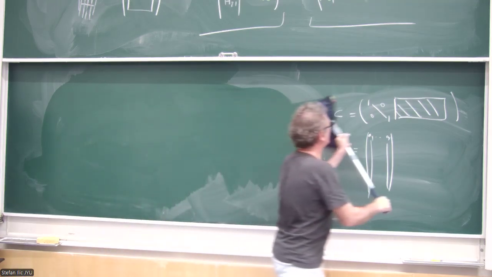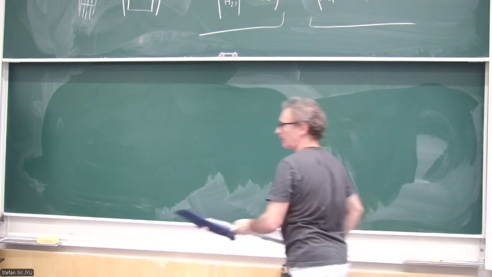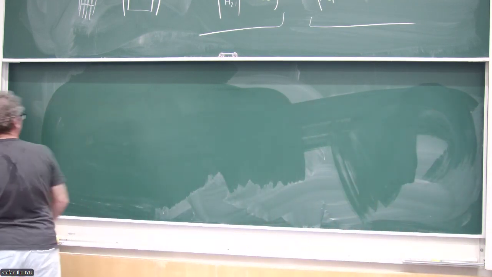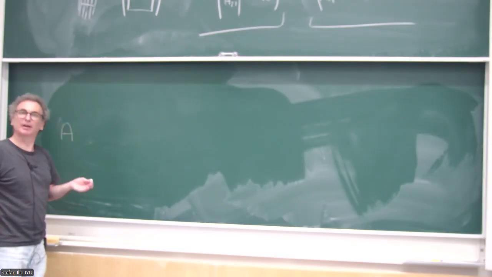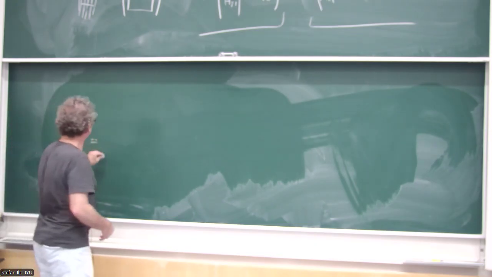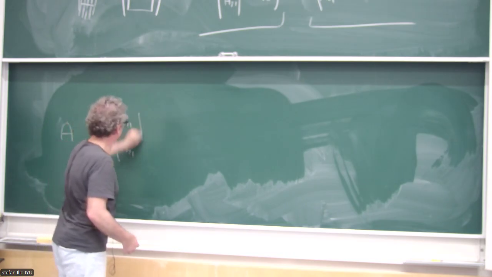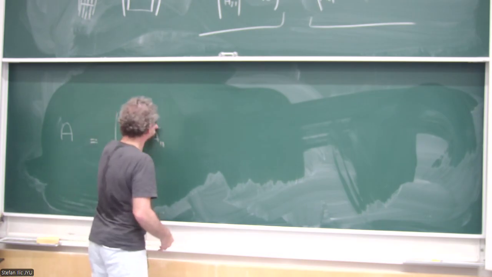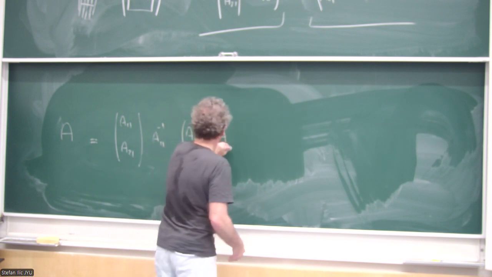But for the moment, the point I wanted to make is that if A is of rank chi, and I have identified chi rows and chi columns that are independent, and I call that the A11 block, then I can write A exactly as A11, A21 times A11 inverse times A11, A12.